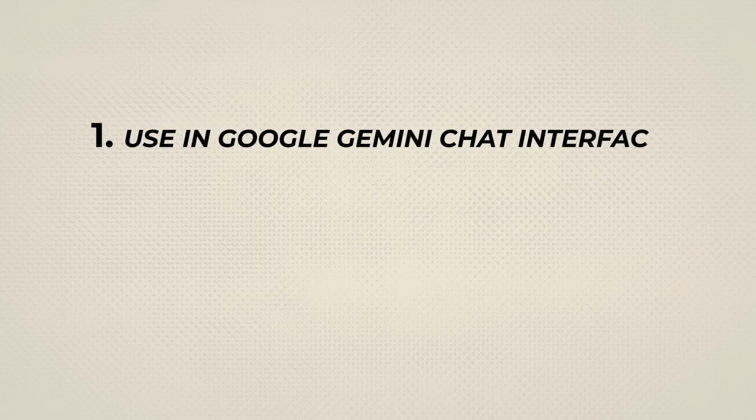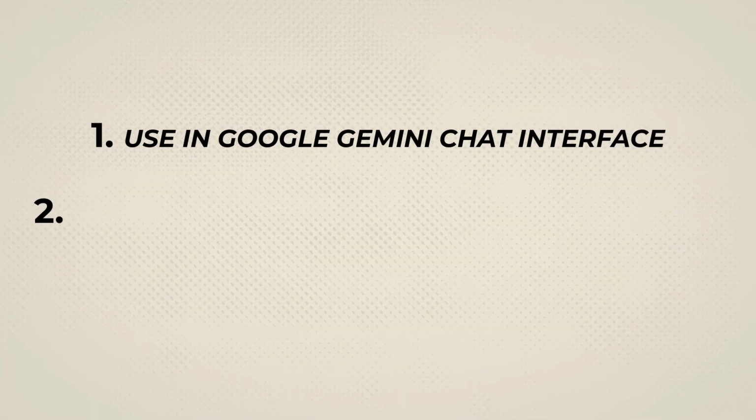Now, if I were you guys, I would jump into this tool immediately because not a lot of people know about it yet. If you were to show the average person on the street this technology, they'd be absolutely blown away. Now's your chance to dive in before everybody learns about it and to save thousands in design costs. The 3 levels of usage here are going to be number 1, to use it in the Google Gemini chat interface.